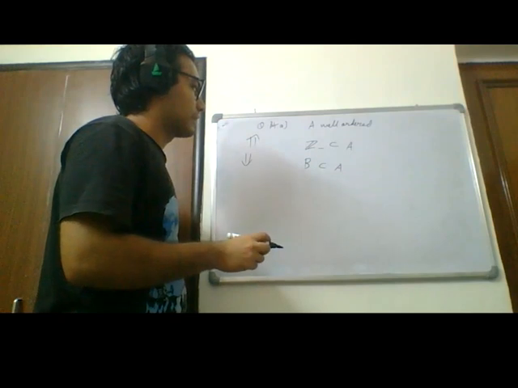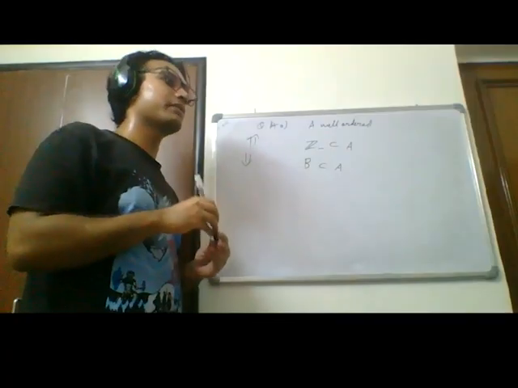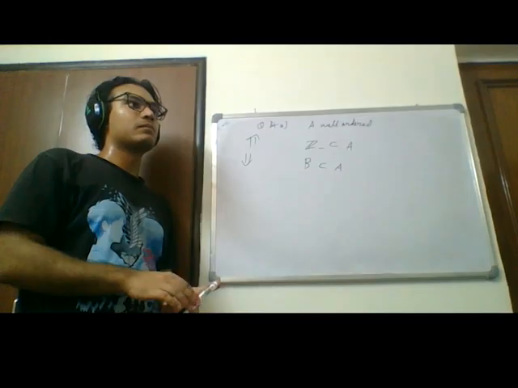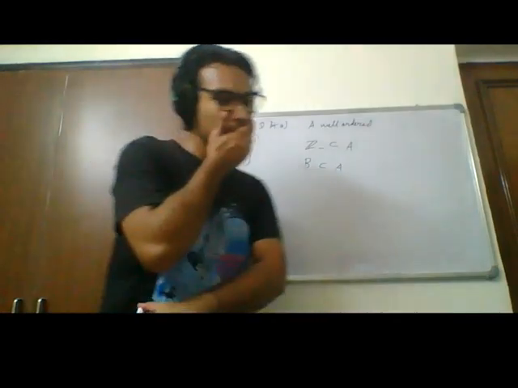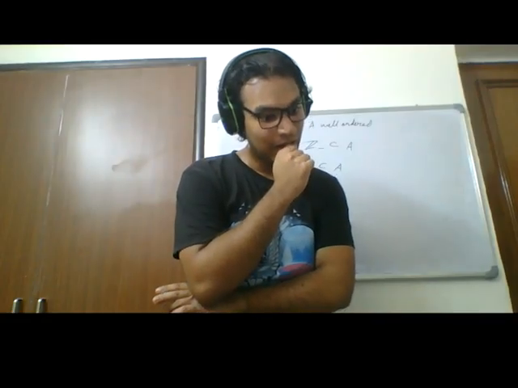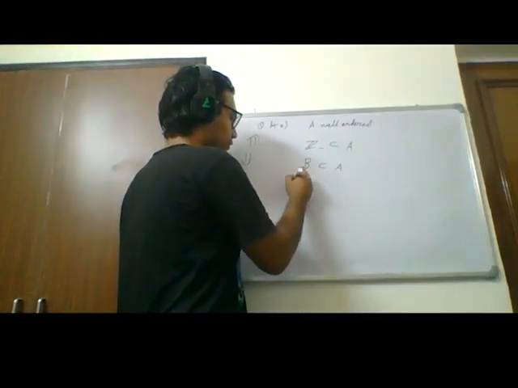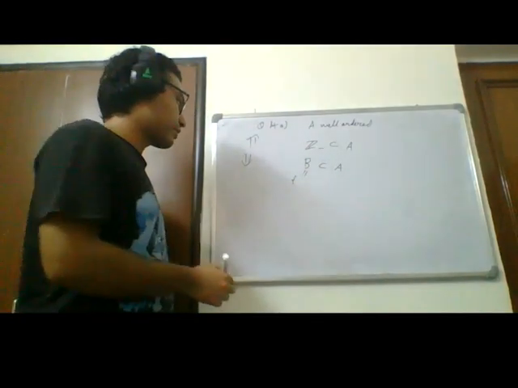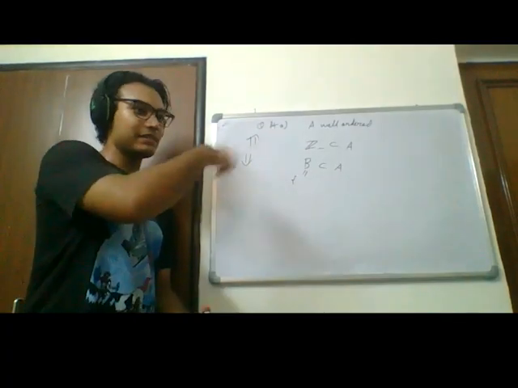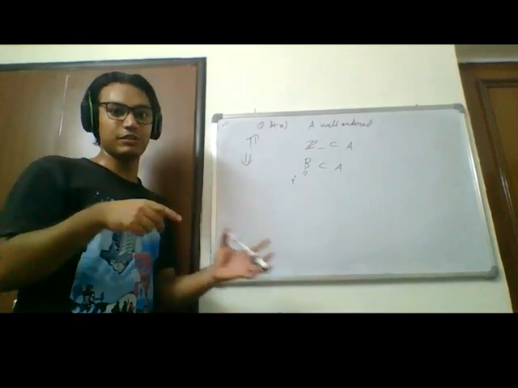Now, can we just choose an arbitrary one? Okay, so B is definitely not finite, that's for sure, because otherwise any finite set can be well ordered. That's proven, I think. In any case, it's well ordered because the integers are well ordered.